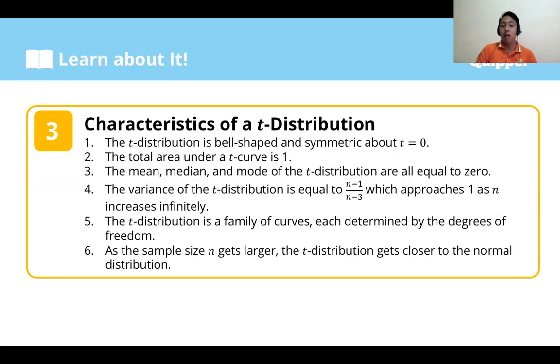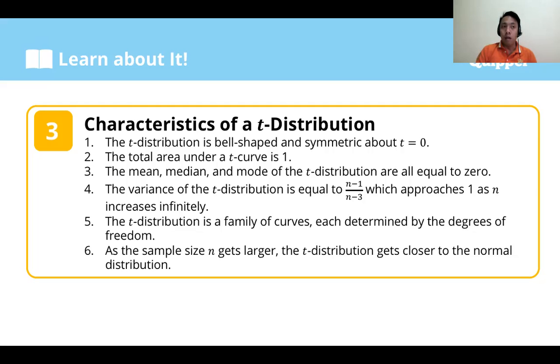The total area under a t curve is 1. So they are the same with 1, kasi dun sa z-test natin, they are also 1. Correct? 50%, 50%, or 50-50. The mean, median, and mode of the t distribution are all equal to 0. So lahat sila ay 0.